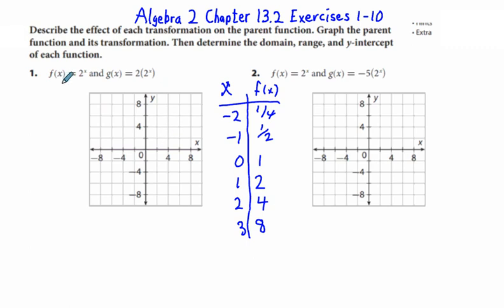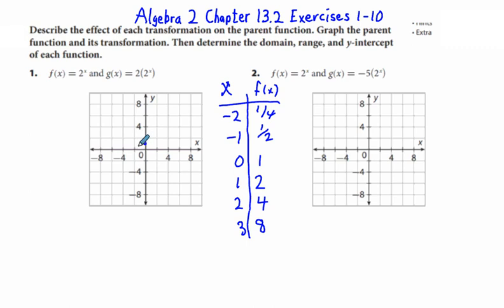And so for f of x equals 2 to the x, we have these on the x-axis and the y-axis going up by 2. We have 0, 1.